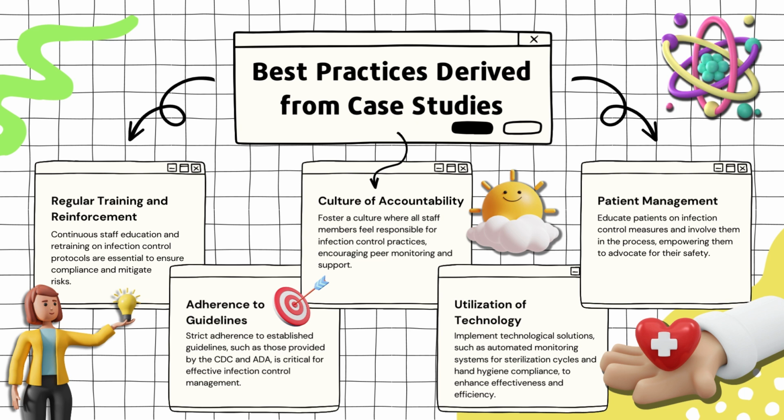Foster a culture where all staff members feel responsible for infection control practices, encouraging peer monitoring and support. Utilization of technology. Implement technological solutions such as automated monitoring systems for sterilization cycles and hand hygiene compliance to enhance effectiveness and efficiency. Patient management. Educate patients on infection control measures and involve them in the process, empowering them to advocate for their safety.